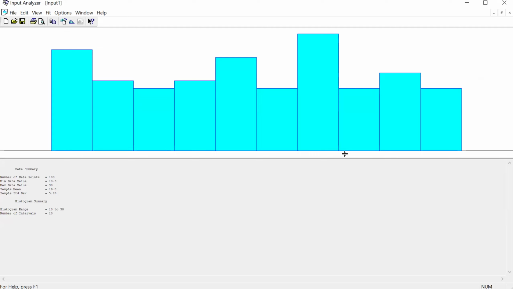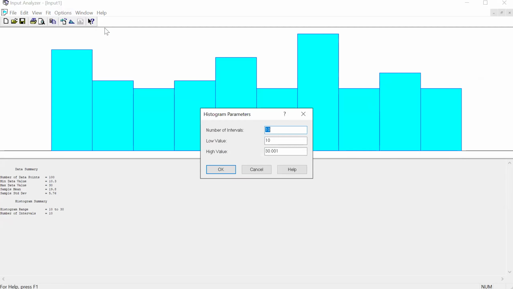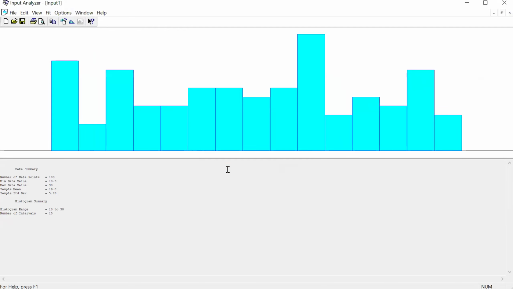If you're not getting a good fit, you can change the number of intervals and see if you can get a better distribution of the data. How do you do that? You can go to options, parameters for the histogram. And instead of 10, I can say I want 15. You see now I have a different shape for my histogram.